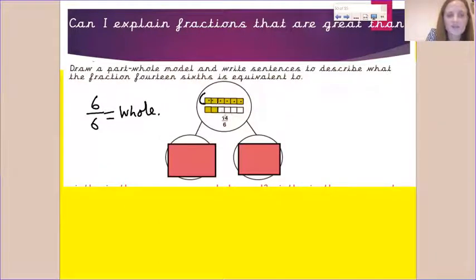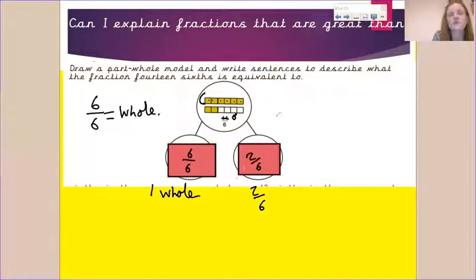It actually should be 8/6. This should be 8. 8/6, not 14. So if we have 8/6, we've got 6/6 here, and we have got 2/6 here, which then means we've got 1 whole, and we have 2/6.